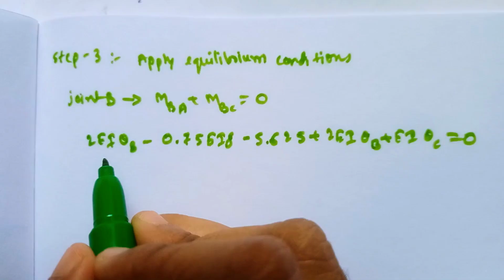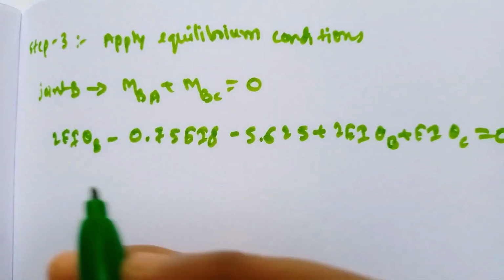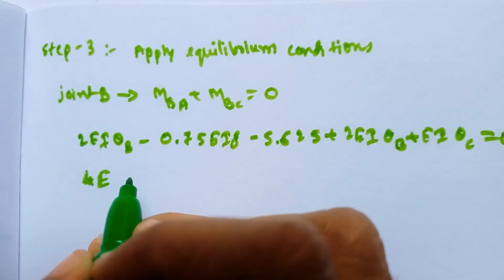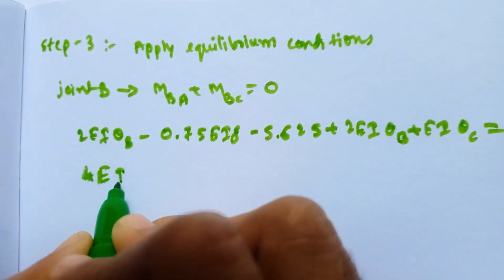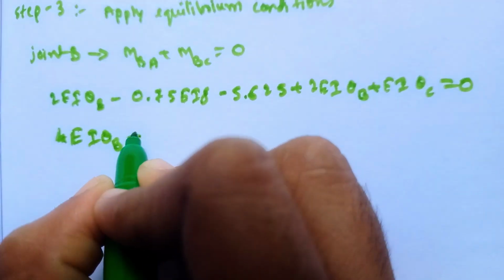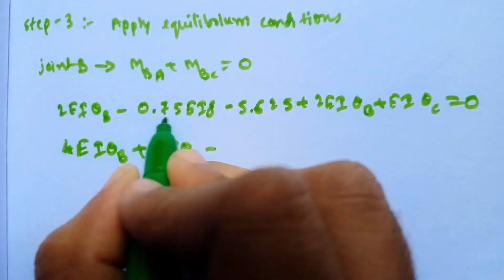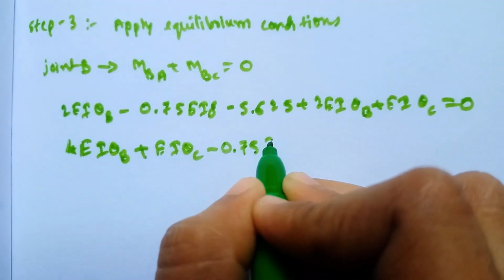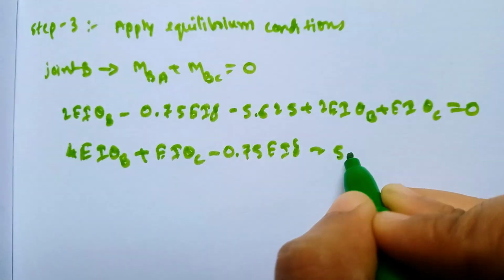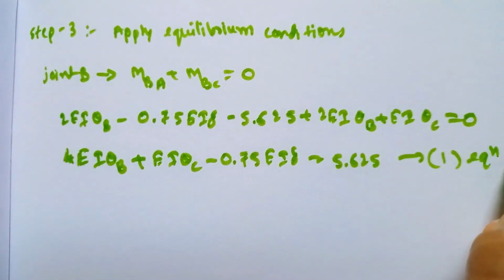Here 2 EI theta B and here also 2 EI theta B, add these two, it becomes 4 EI theta B. Plus there is only one EI theta C, write it as it is, minus 0.75 EI delta. Here minus 5.625, if I take it to the right side it becomes positive 5.625. Call it equation number 1.